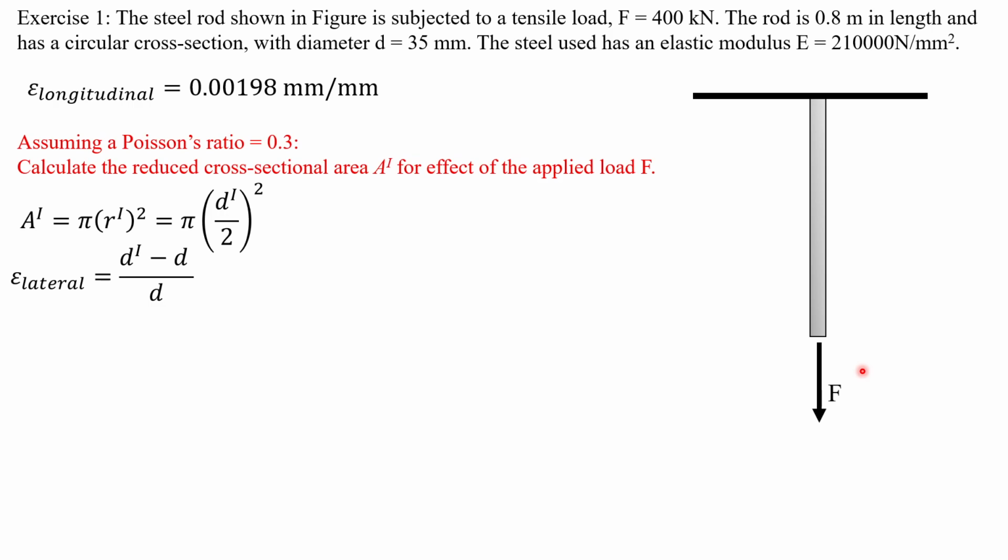We know the equation strain lateral is delta divided by d. So d_i take away d is delta, the change in the diameter. So it's the d_i that we're trying to find though. So we use that triangle approach that I was showing you before to figure out, well, wait a minute, that's just going to be, literally that.